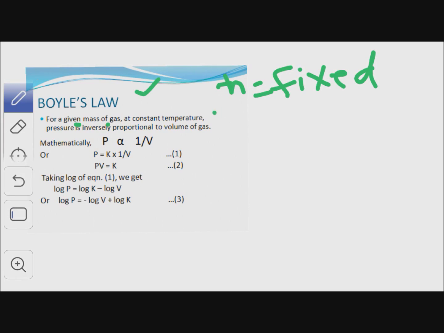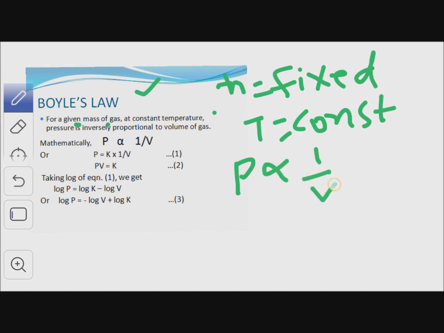It means here temperature is also constant, its value is fixed. Pressure is inversely proportional to volume of the gas. P is inversely proportional to volume of the gas.